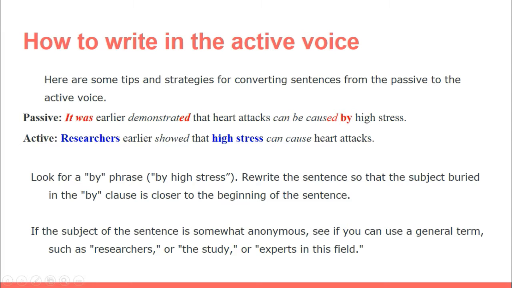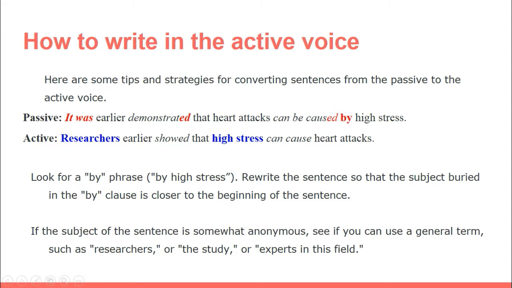So how do you write in the active voice? Here are some tips and strategies for converting sentences from the passive to the active voice. The first sentence is passive. It says, "It was earlier demonstrated that heart attacks can be caused by high stress." You will notice that there is a by phrase in this sentence, which is by high stress. When you rewrite the sentence, put the subject buried by this by clause closer to the beginning of the sentence.